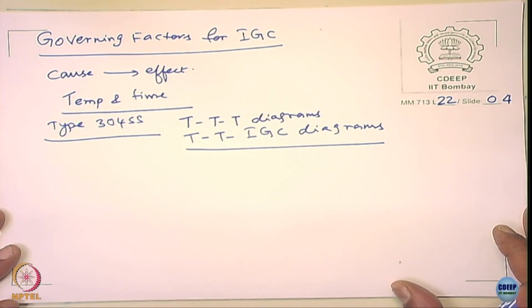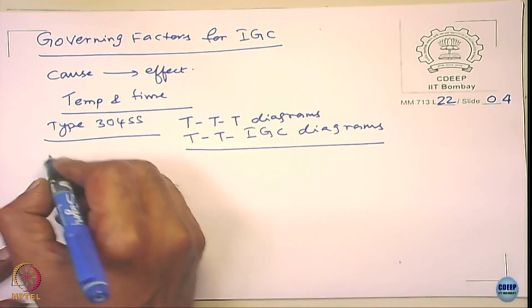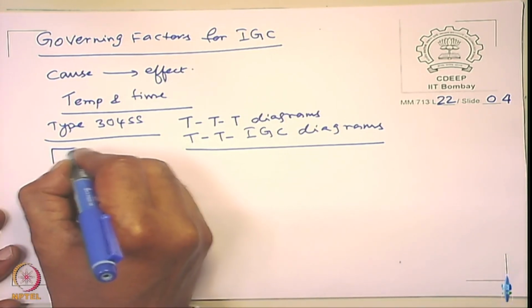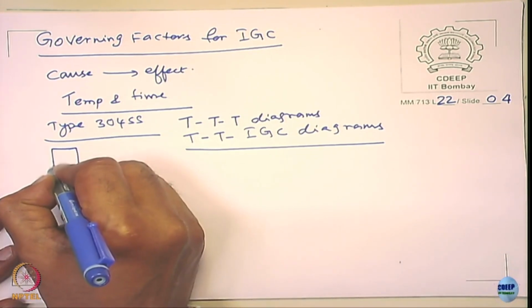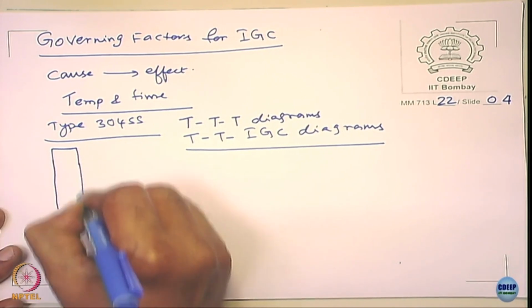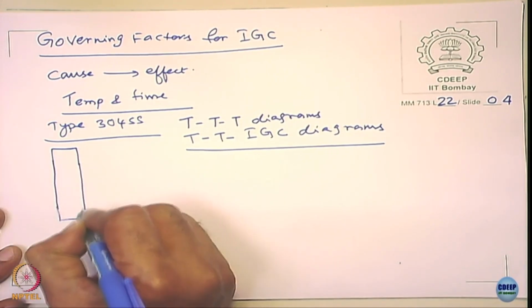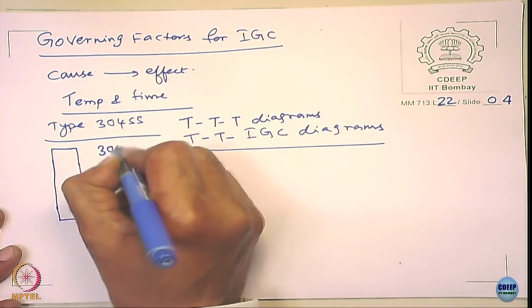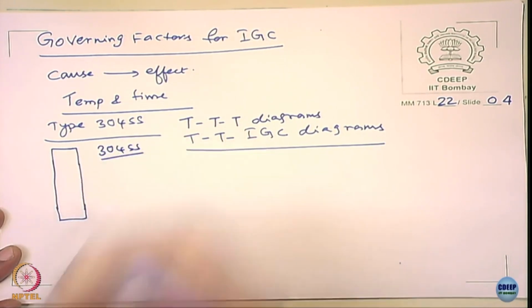What one does is, 304 stainless steel is taken, maybe say a piece, take some long strip of 304 stainless steel.